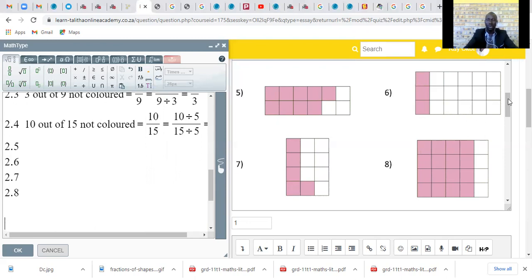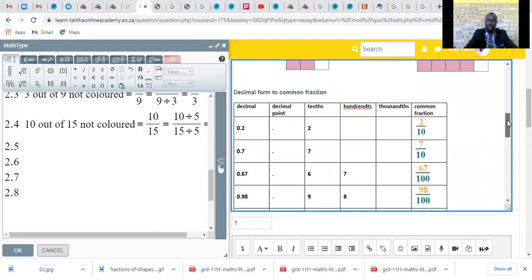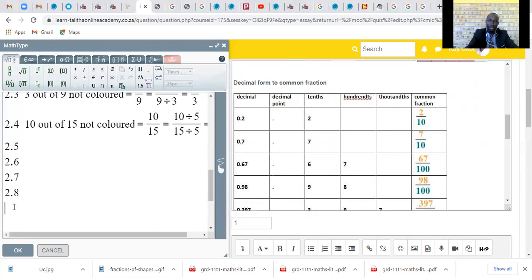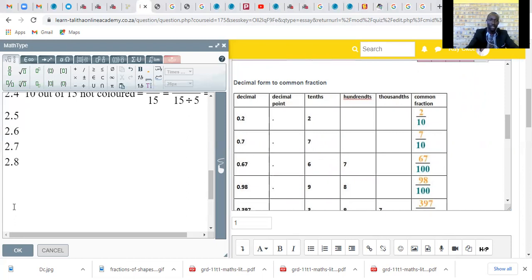Now, when we are done with how we can generate a fraction, the next thing we want to do is to find a way of writing a fraction in a decimal notation, or from a decimal notation to a notation known as the common fraction.